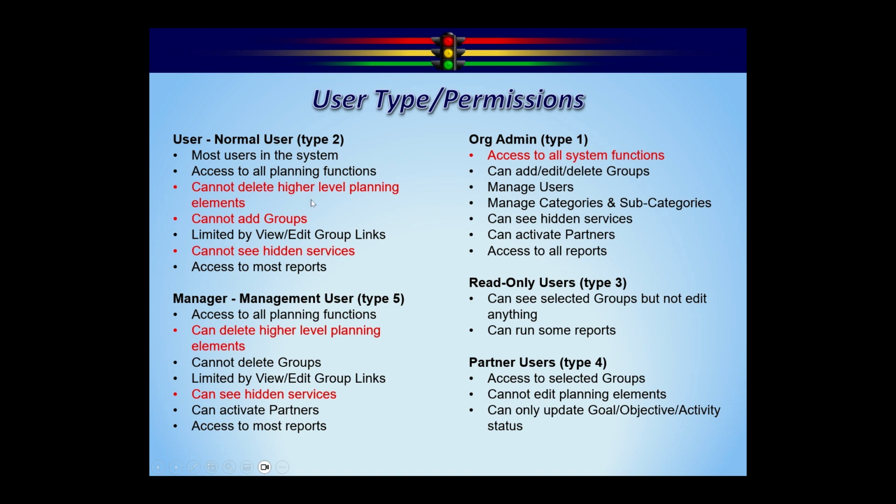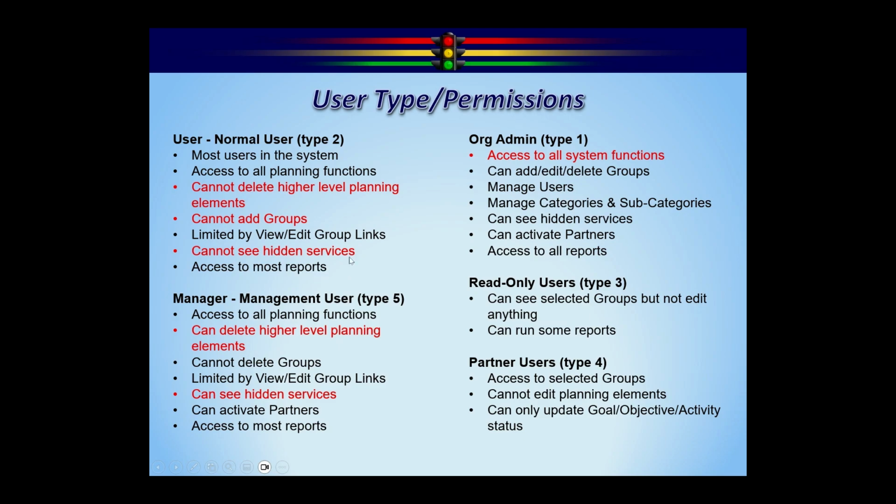They cannot add groups. A normal user can't add groups. That's org admins only. They're limited by the view edit group links that we talked about here. If you have any services, you may remember at the service initiative screen, the bottom right corner, there's a little hide service checkbox. If you have that checked, then a normal user can't even see those. So it just kind of takes them out of view.